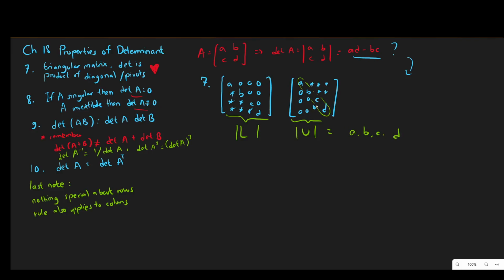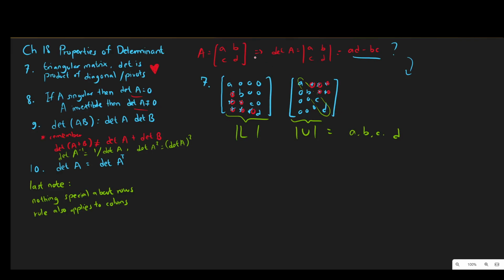How can you get them, if you may ask? Again, we will use the previous property, property number 3. But before that, of course, we can do elimination. Eventually we can remove all of the asterisks to 0 because of the elimination that we are really familiar with from earlier chapters.